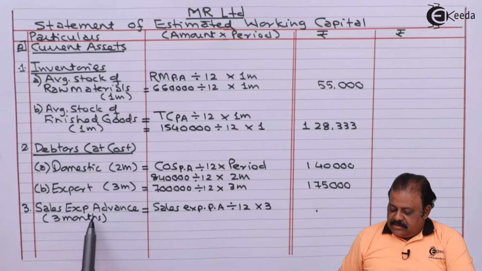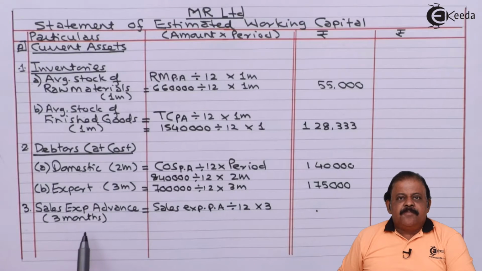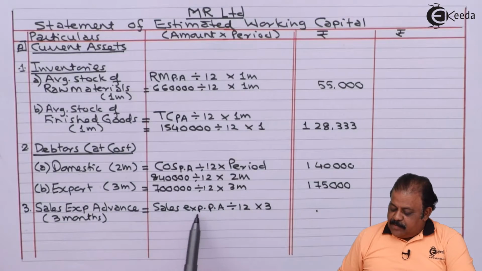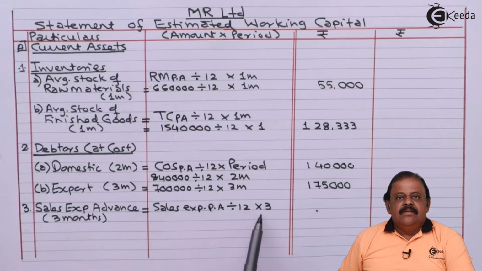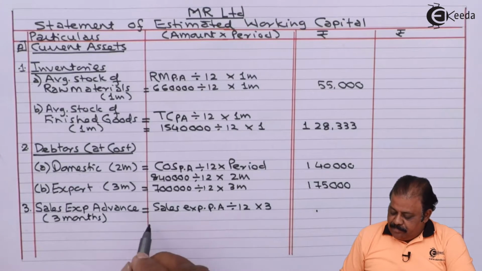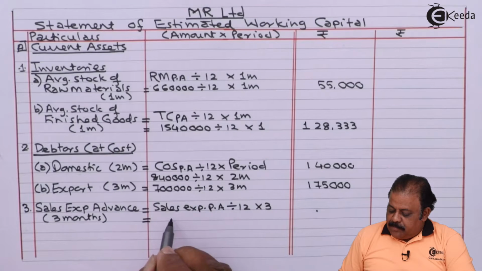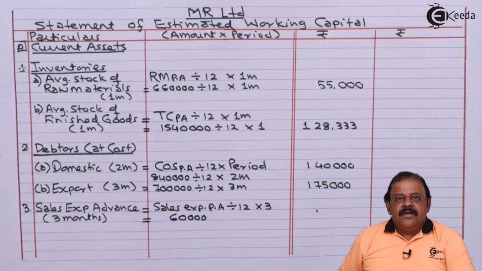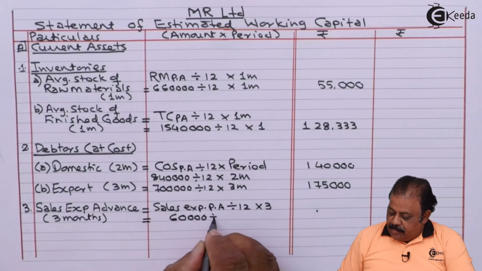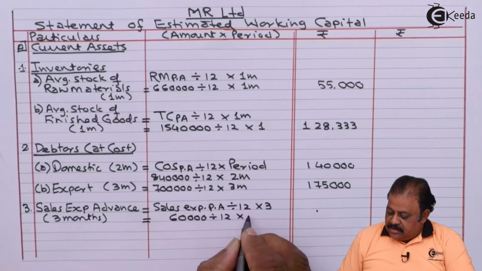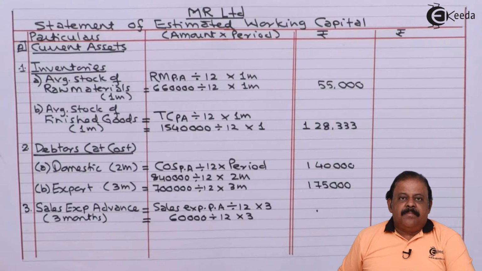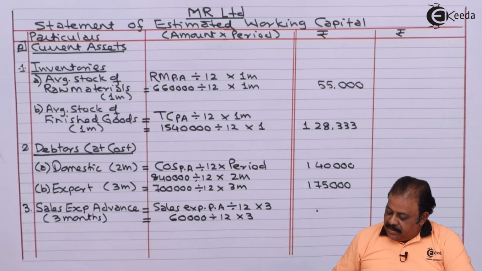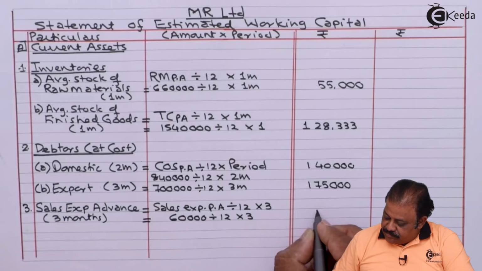Sales expenses quarterly advance means period of 3 months. So sales expenses per annum 60,000 divided by 12 to get for per month multiplied by 3 to get quarterly payment. So it will be 15,000.